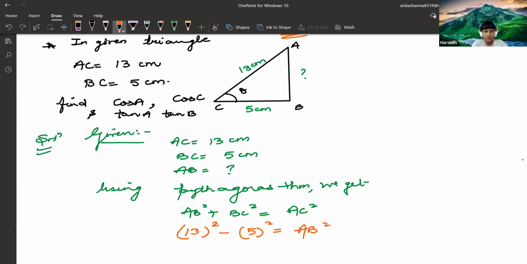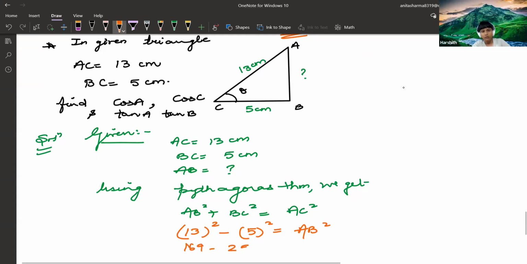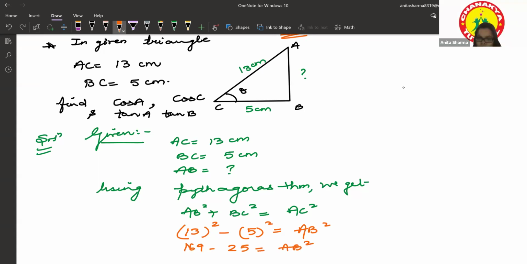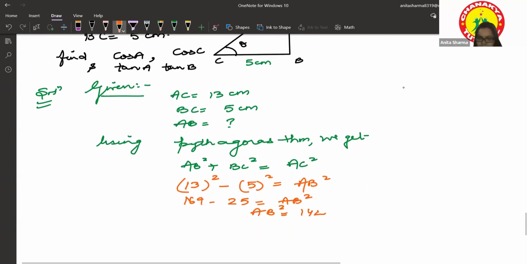Ma'am, can I try? Okay. Yes, beta. Ma'am, 13 square will be 169 minus 5 square, which is 25. So we will get 144. Yes, very good. So it is the square of 12. So AB equals 12 centimeter. Yes, very good. So the value of AB will be 12 centimeter.